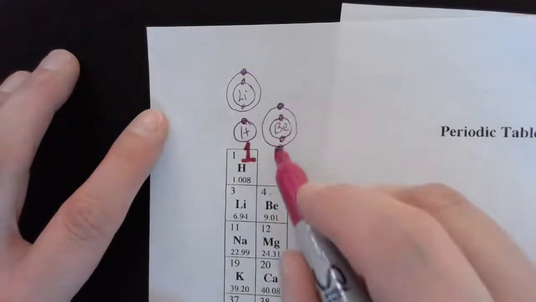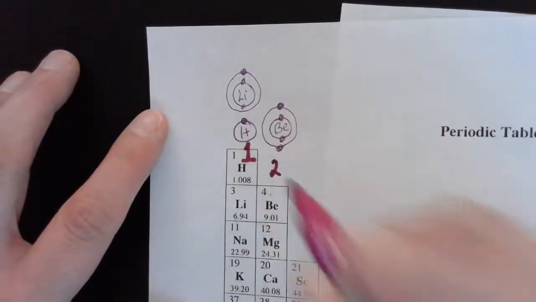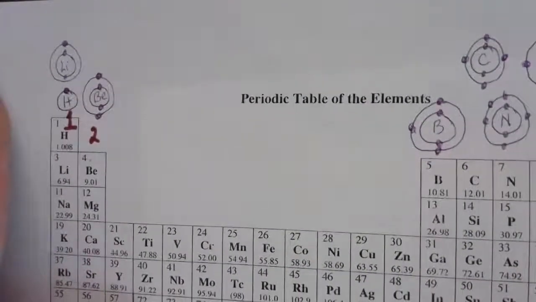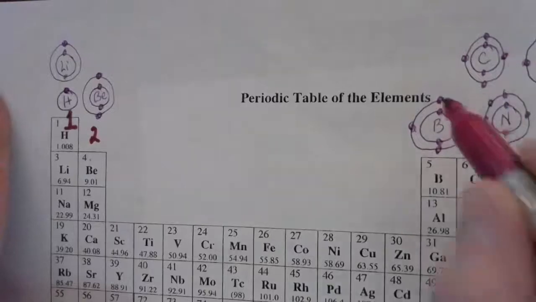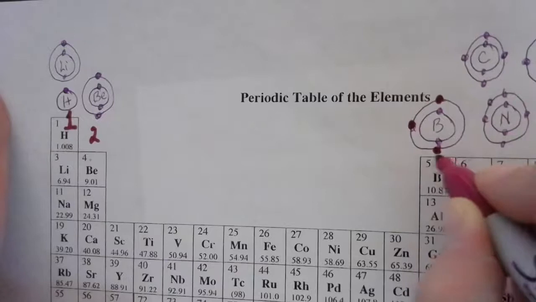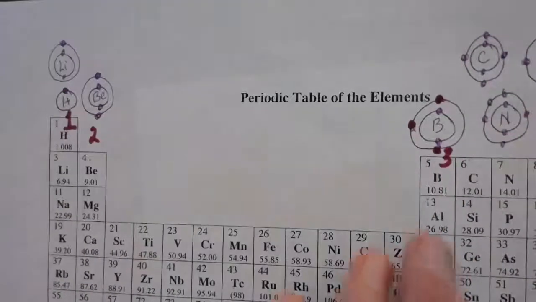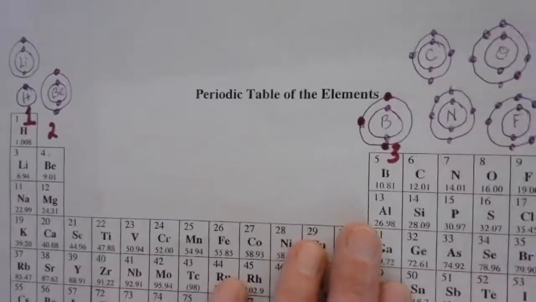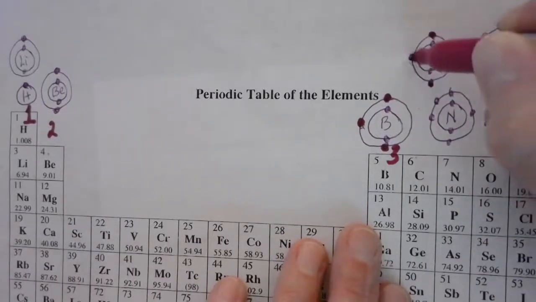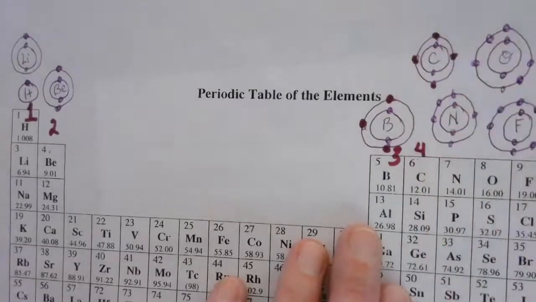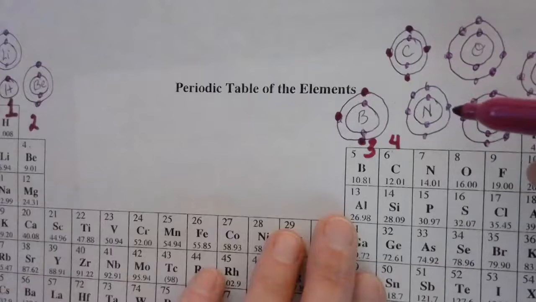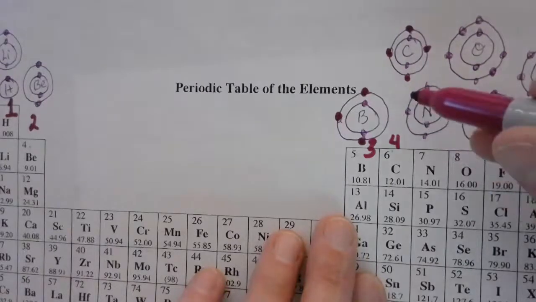The outer shell has 2 valence electrons. How many in boron? 3 valence electrons. How many valence electrons for carbon? 4. How many for nitrogen? 5.